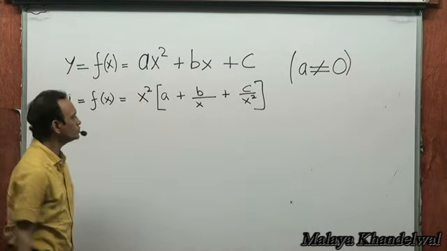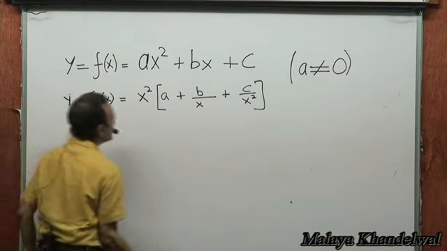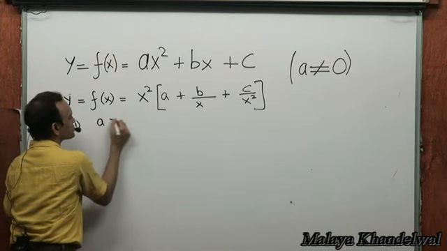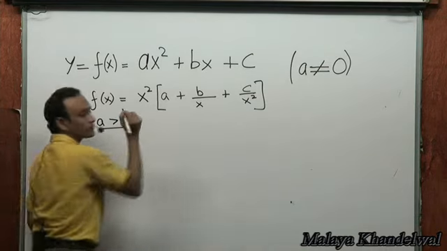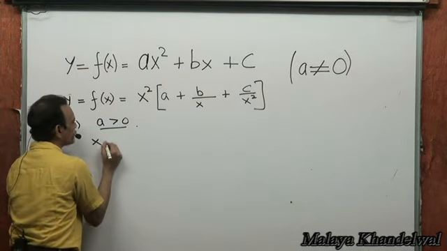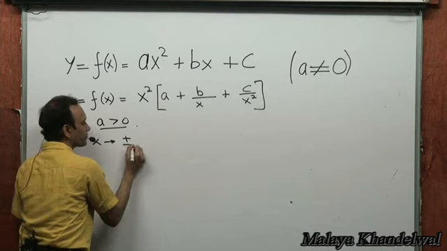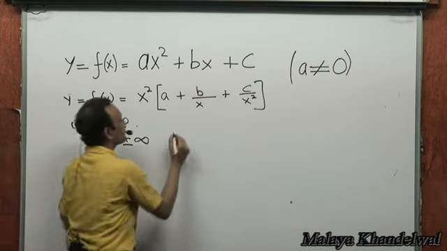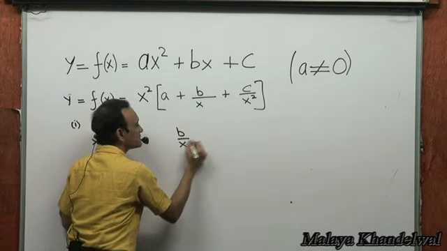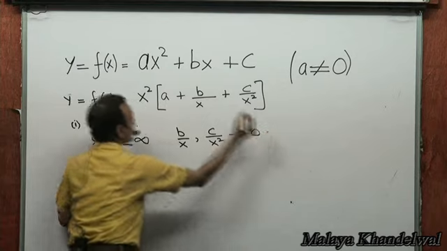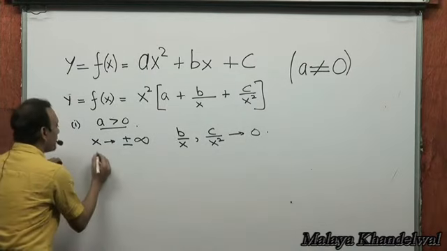Yes or no? Now, say two cases. A positive, one case. As x tends to plus or minus infinity, what happens to b by x and c by x squared? They would tend to 0, right?